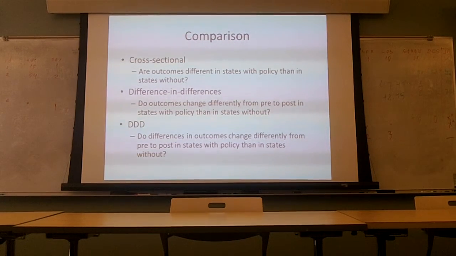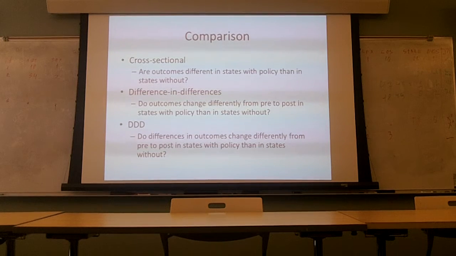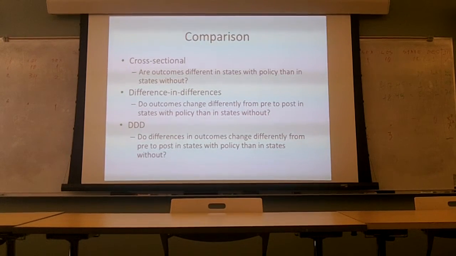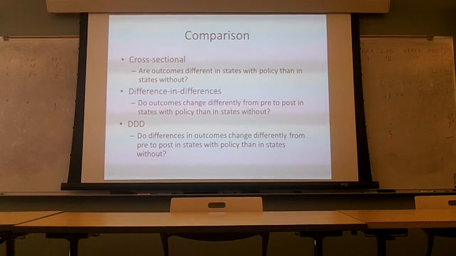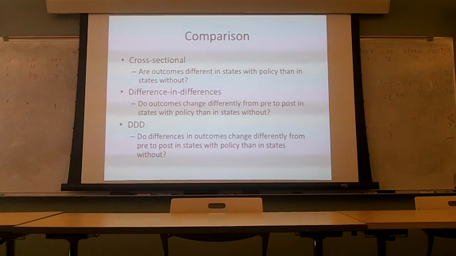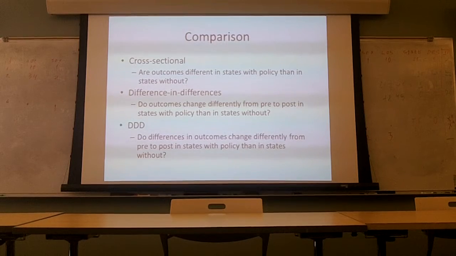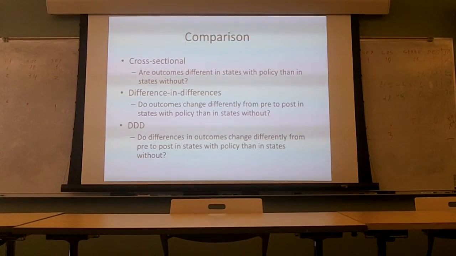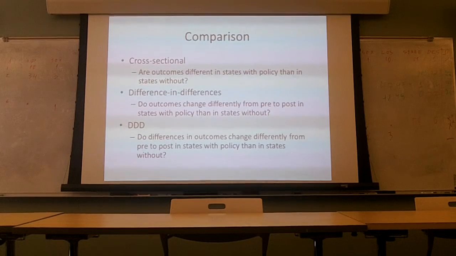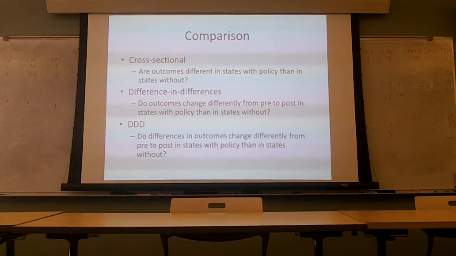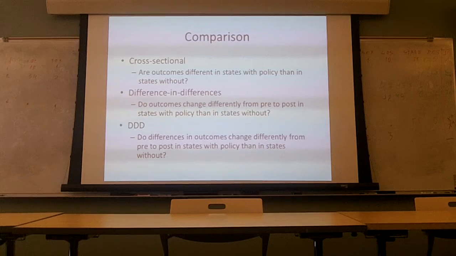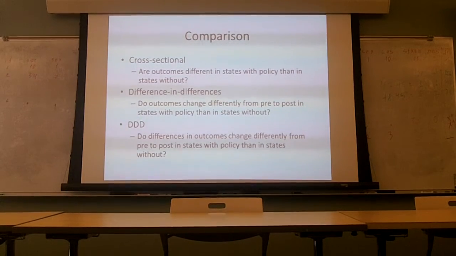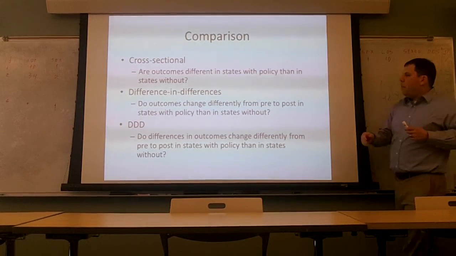That's a cross-sectional. That's a difference in differences. So let's just call it single diff. It's cross-sectional. And the triple diff is now going to be, is the change in outcome itself changing? All I'm doing is saying change instead of difference. So maybe that doesn't add a whole lot to your understanding, but that's what we're doing now.